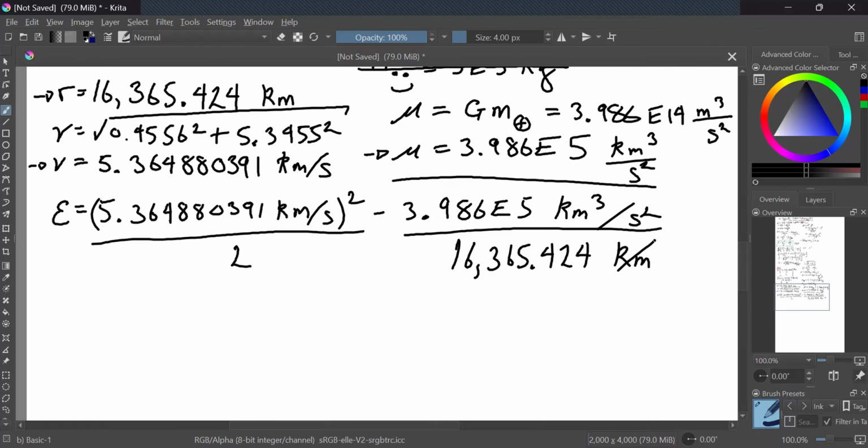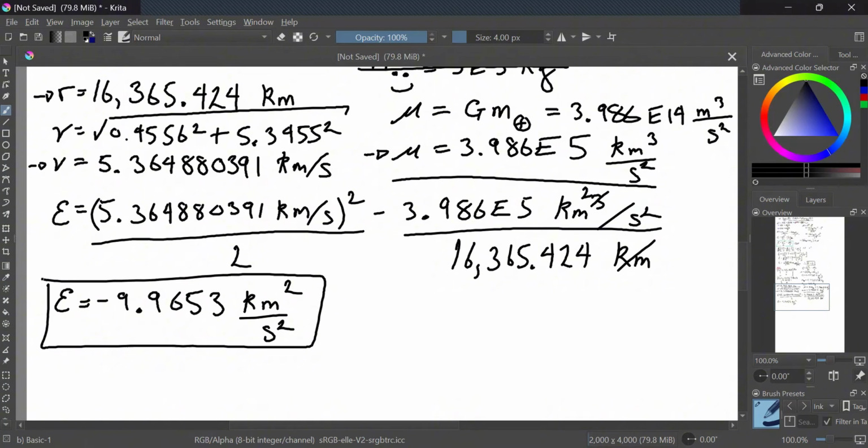That's going to be kilometers squared per second squared, which means that our orbital energy is going to end up being kilometers squared per second squared. Very nice, right? We have an answer.